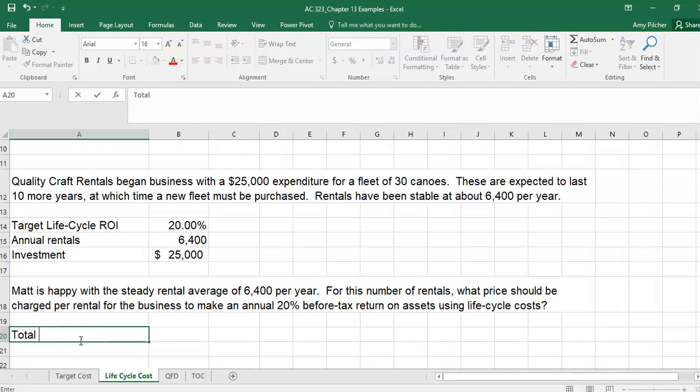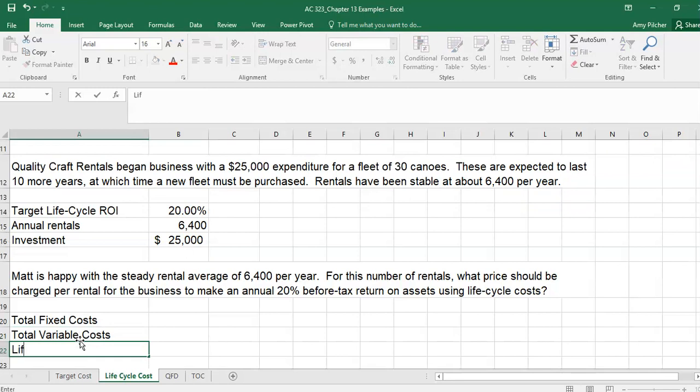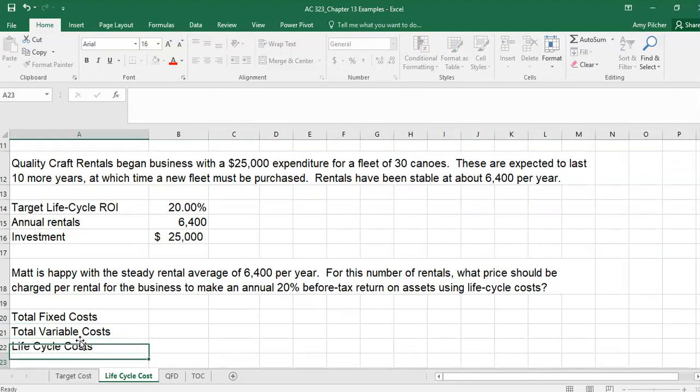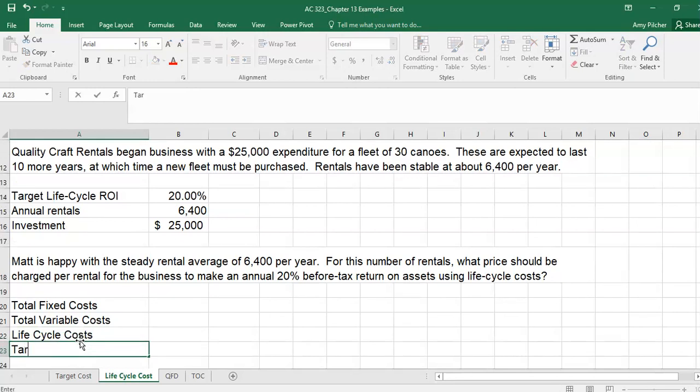What are our total fixed costs, total variable costs, we add those together and that gives us our life cycle costs. Then what is our target profit pre-tax?